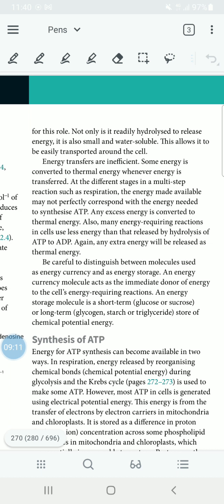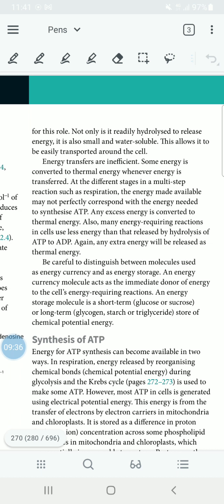Right? So energy transfers are inefficient. What do you mean by inefficient? That means energy is being wasted. Some energy is converted to thermal energy whenever energy is transferred. So you know that in our body, the energy that is wasted is converted into heat energy, not light energy. We don't emit light. It is heat energy.